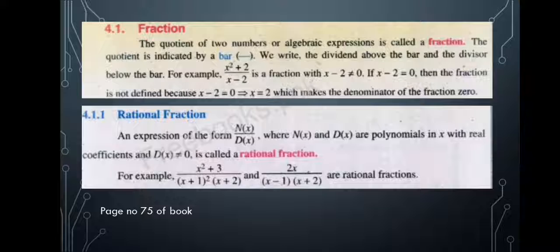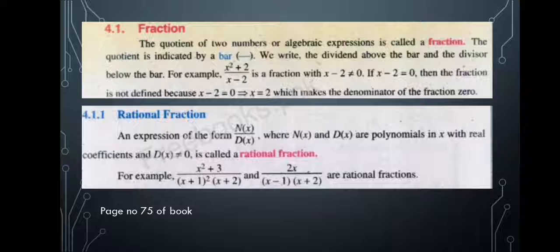We know that the denominator shouldn't be equal to 0. So such an expression of the form N(x) by D(x) means that if two polynomials are written in the form of a fraction, then as a whole we consider it as a rational expression.